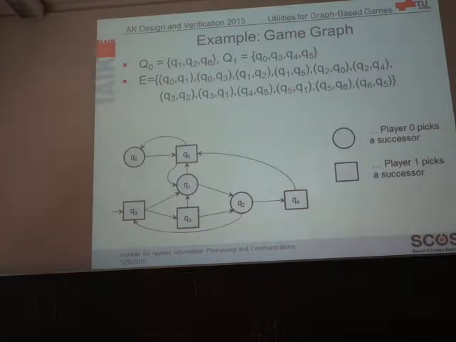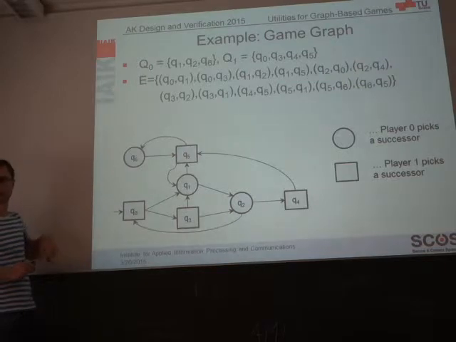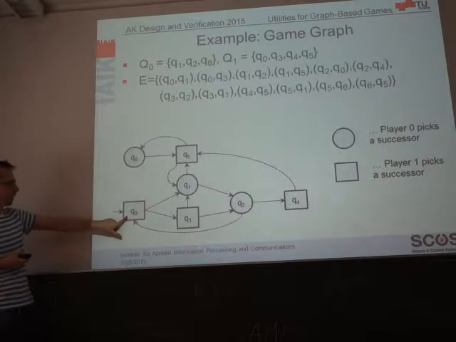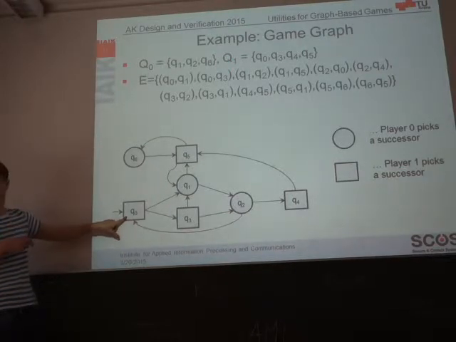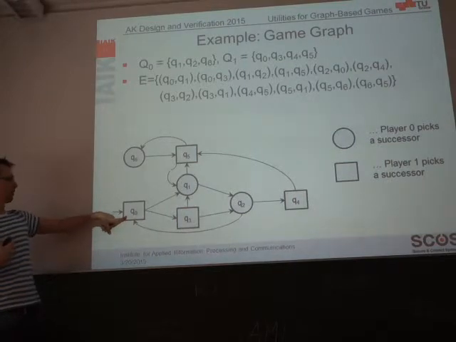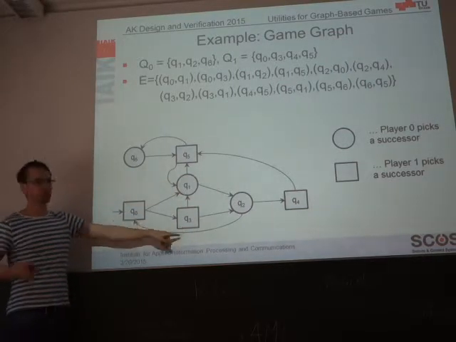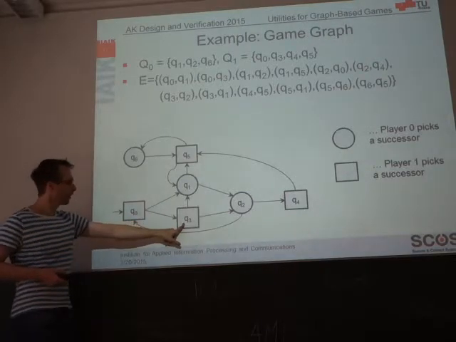So how is this game played? The initial state Q0, we sometimes mark it with an incoming arrow that comes from nowhere. This state is a box state, so it belongs to Q1, so to player 1. So let's say I'm player 1, so I can choose a successor. I can choose either to go to Q1 or to Q3. Let's say I pick Q3 because then I can pick the successor again.